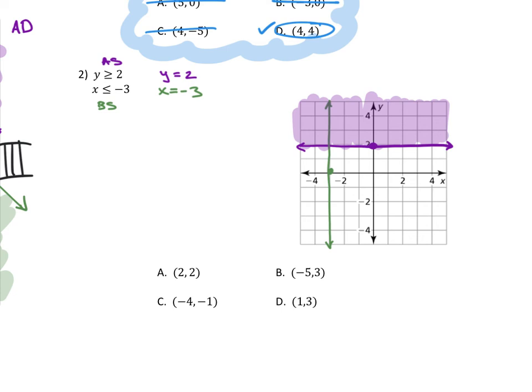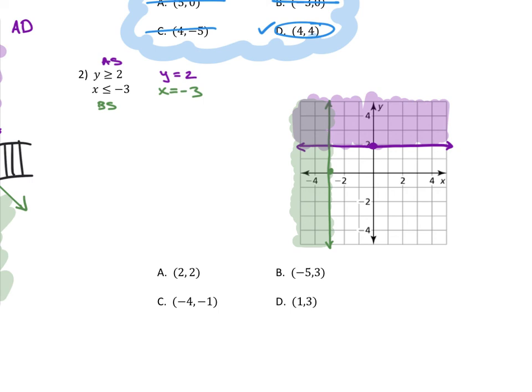So we actually have to think here. Are numbers less than -3 on the left side or on the right side of this line? Numbers are less over here. So we're going to shade in where it's less on the left. That's technically below this line. All right, we have our 4 regions.